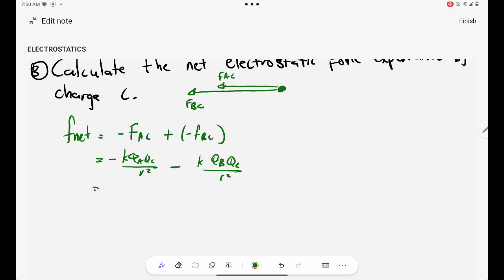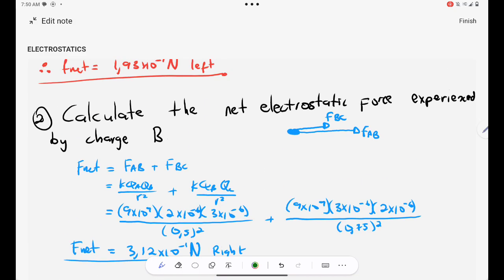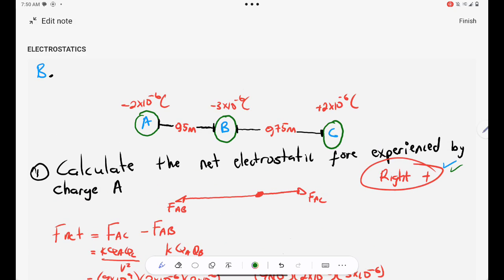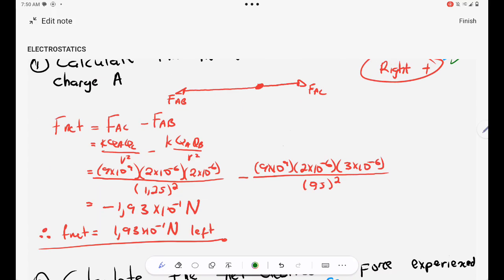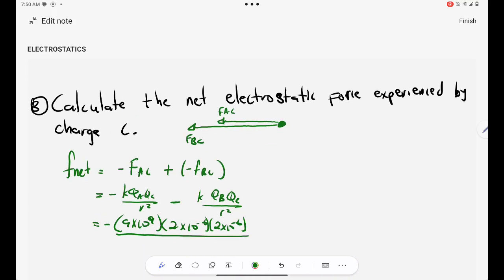Ne? This is negative 9 times 10 to the power 9. The charge on A is just 2 times 10 to the negative 6. The charge on C, that's 2 times 10 to the negative 6. The distance between A and C, let me confirm, that's 1.25. Ne? It's 0.5 plus 0.75.